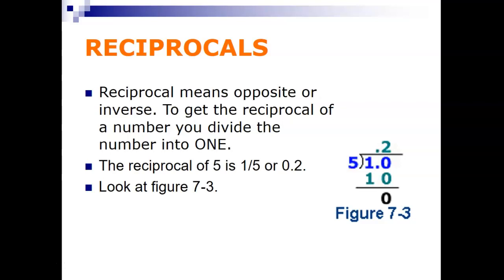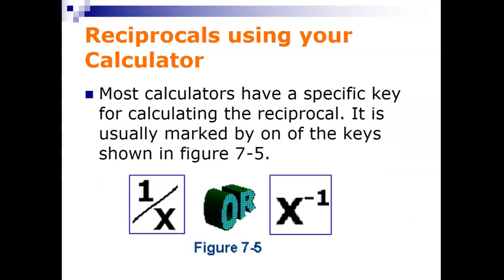Just in case you don't know what those look like on the calculator. So if you have a calculator, you need to make sure you know where that inverse key is. Okay?